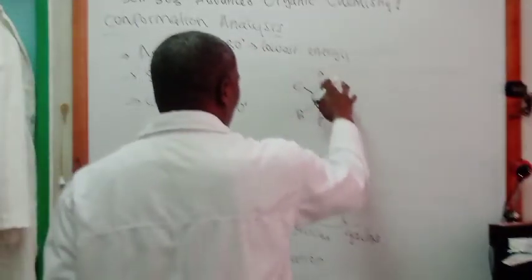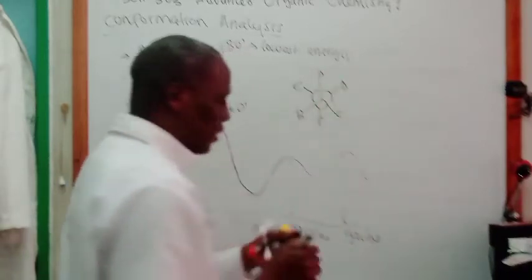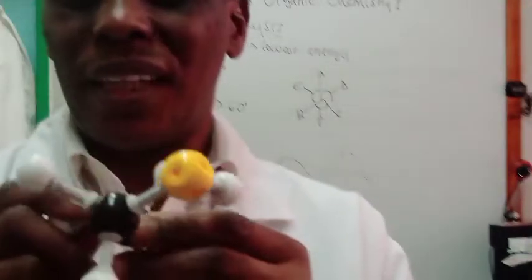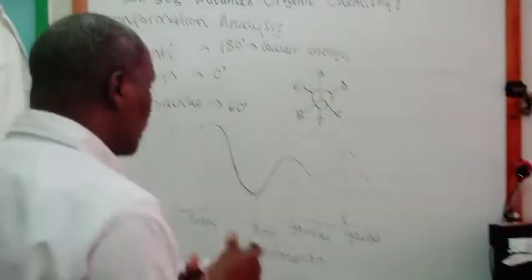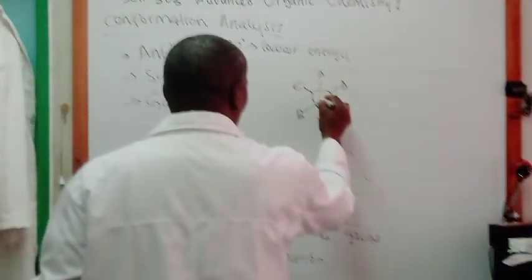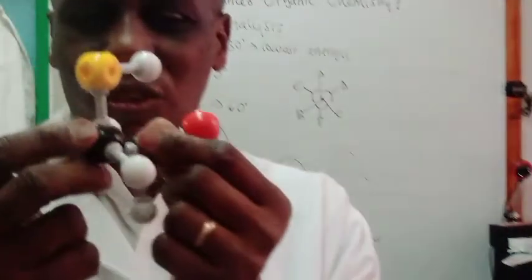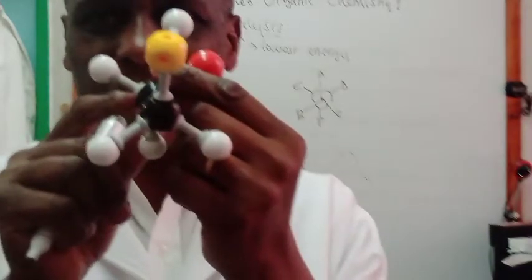Okay, let me say there is A, B, C, D, E, and F. So this is something which you call the Newman notation, in which the carbon nearest to you is shown as a dot. So this one is going to be closest to you, and it should be shown as a dot. The one farthest from you will be shown as a circle.